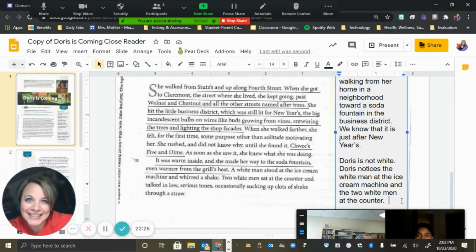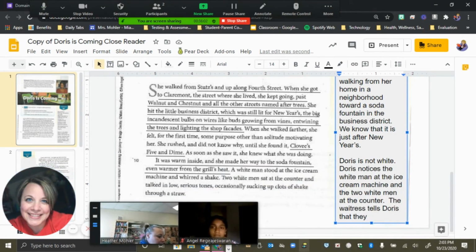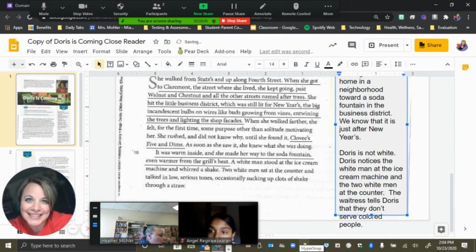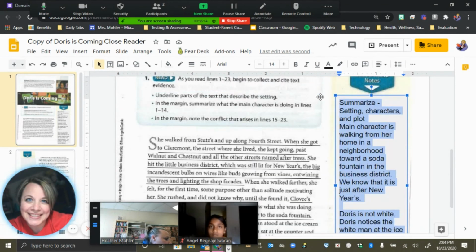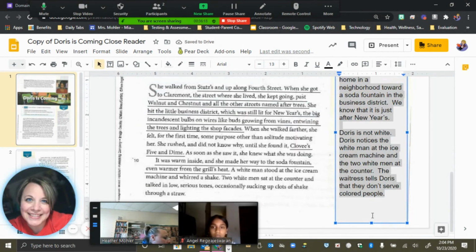Now, the waitress tells Doris that they don't what? Okay. Now, if you run out of room like this, you can always highlight and make your text smaller so that it fits in the space. Okay?